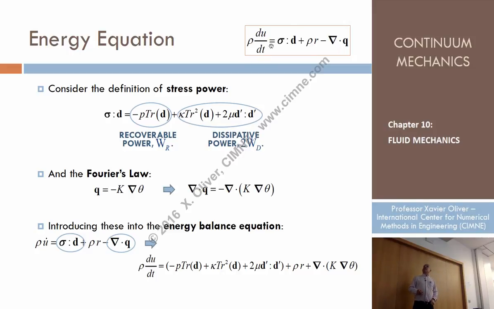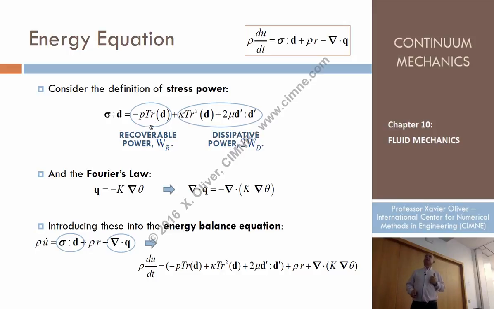Look, let's consider this term here, okay? We also have seen in the previous chapter that the stresses times the rate of strain can be written for a Newtonian fluid in that way. One part that we call the recoverable power, which is minus the pressure times the trace of D, and one part which depends on the viscosities, where we have here the bulk viscosity and here the kinematic viscosity, okay?